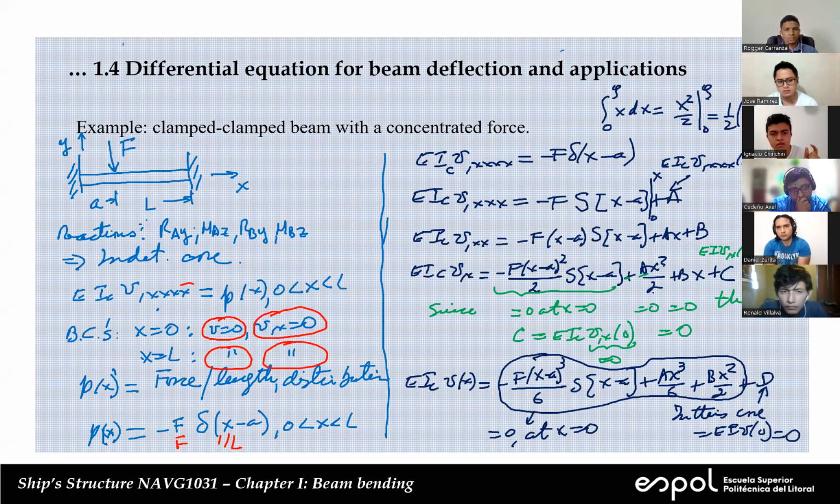Could you please speak louder because I cannot hear you. We need to consider this concentrated force in the left end. Yeah, but can you see the figure? Yes. Okay, if you apply the force on the left end, what would you expect for the reaction? Action outward. More than that.